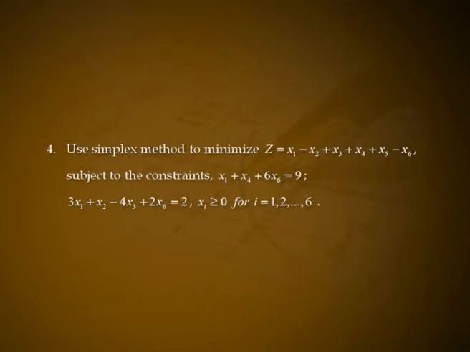Use simplex method to minimize z equal to x1 minus x2 plus x3 plus x4 plus x5 minus x6 subject to the constraints x1 plus x4 plus 6x6 equal to 9, 3x1 plus x2 minus 4x3 plus 2x6 equal to 2, xi greater than or equal to 0 for i equal to 1, 2, up to 6.